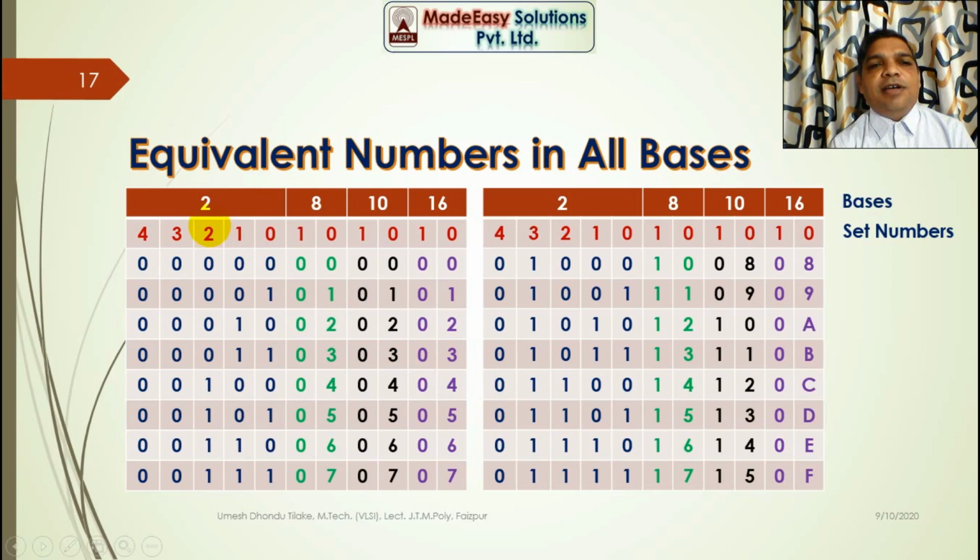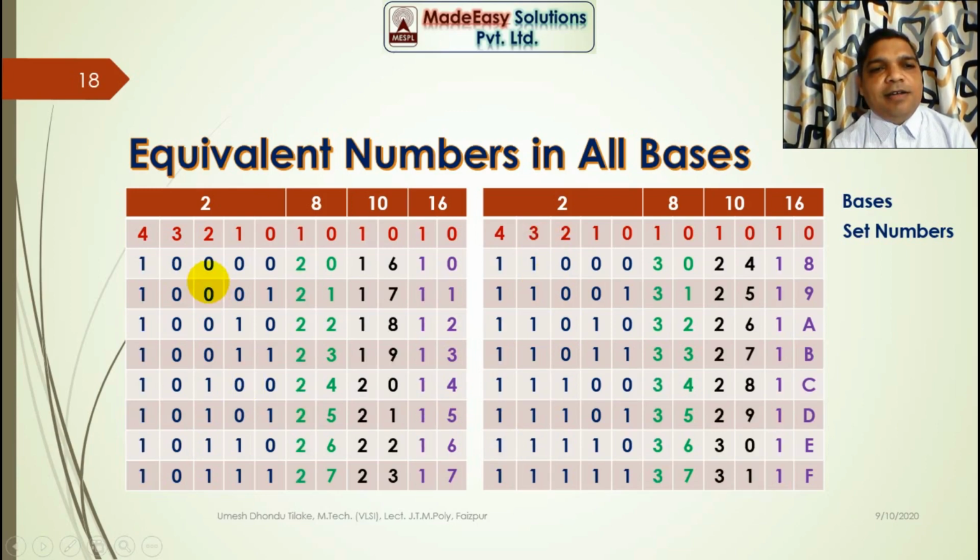Now see in set 2 what I have done, digit 0 used 4 times, digit 1 used 4 times. That means in set 2 I have used both the digits 4 times. In set 3 I have used the digits 8 times, 0 used 8 times, 1 used 8 times.